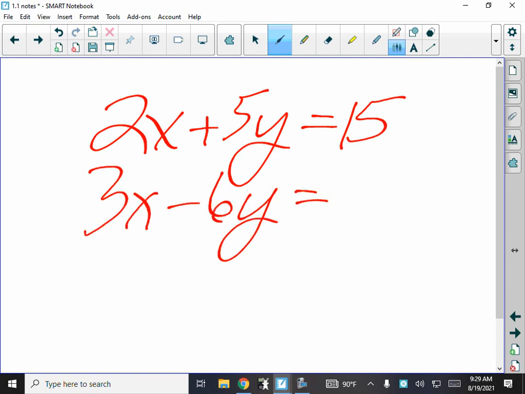Something like that, okay? If I don't want to graph those to find the intersection, because that wouldn't be fun at all, I could do elimination or I could do substitution. Do you remember that? Should ring a bell. Now, I just made up some random problems, which means this answer, I'm certain, is not going to be pretty.